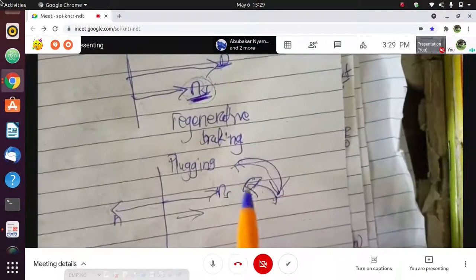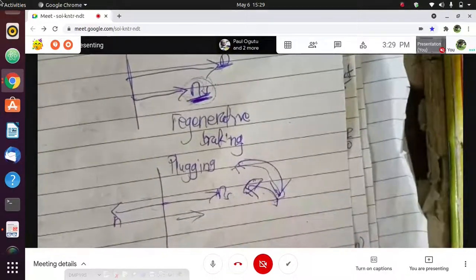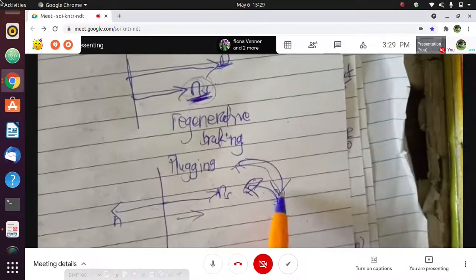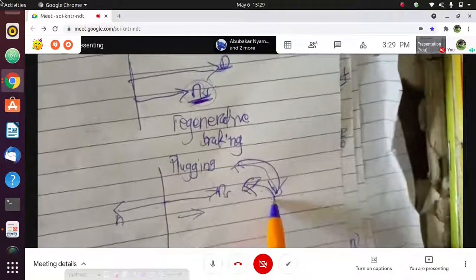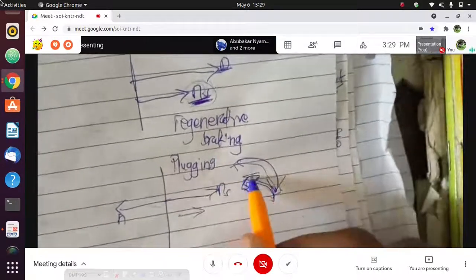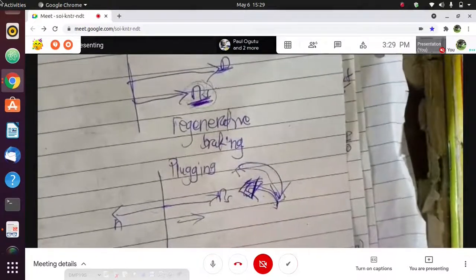So once that stator magnetic field stops, the rotor will stop rotating. The rotor will come to a halt because the stator magnetic field has stopped. But then it will start rotating and increase speed, but in the opposite direction.